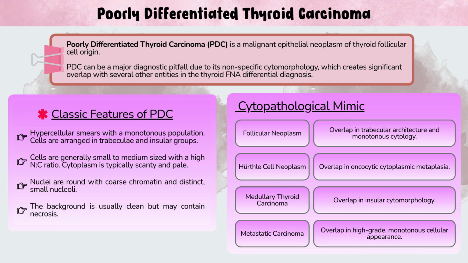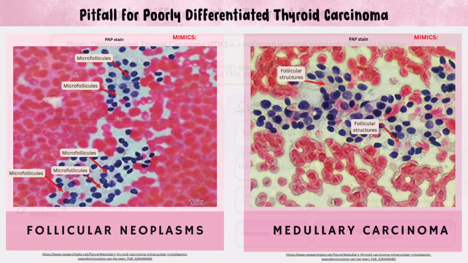Lastly, metastatic carcinoma to the thyroid can closely resemble PDC because both often present as high-grade monotonous epithelial proliferations. Clinical history and immunohistochemistry are essential to avoid this pitfall.